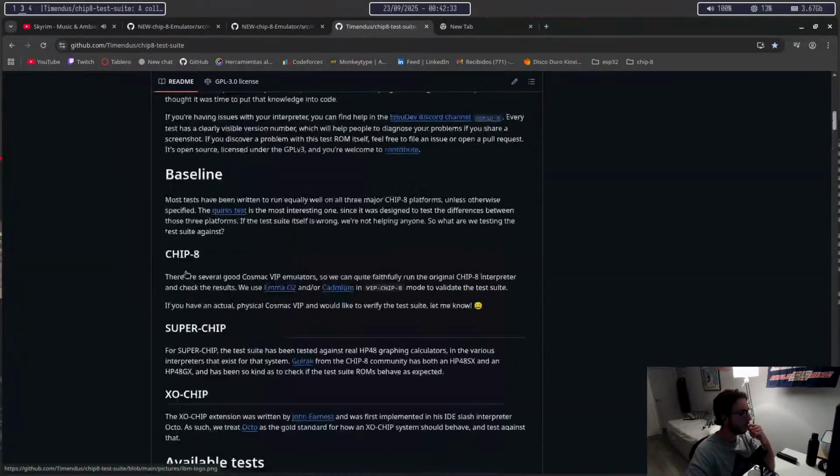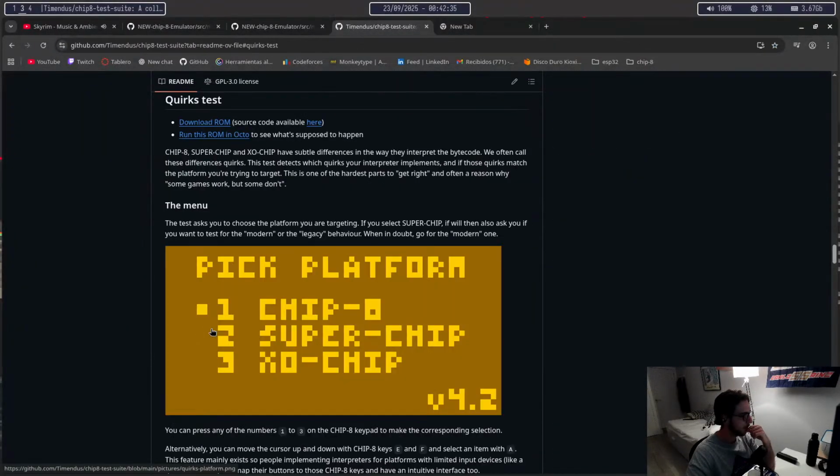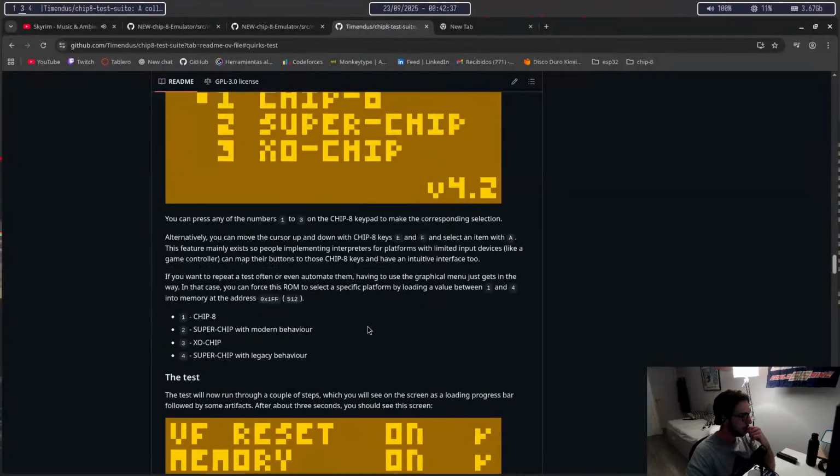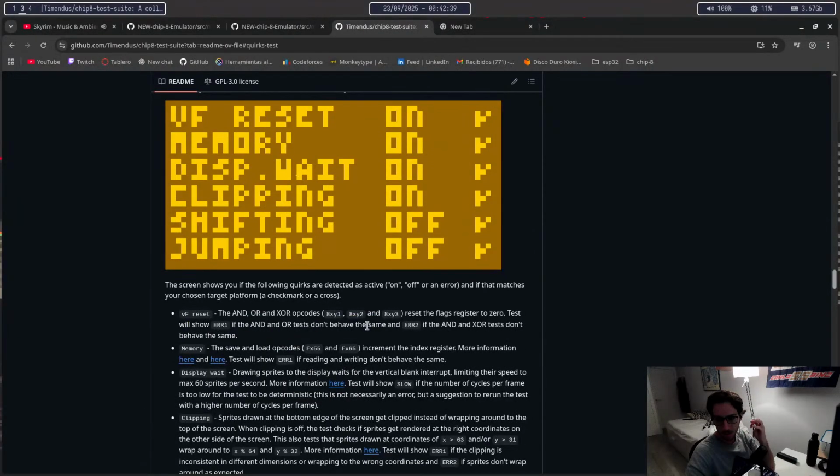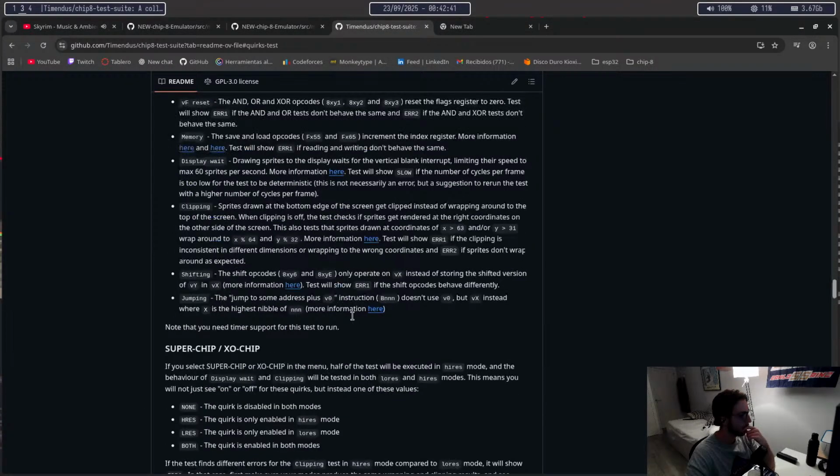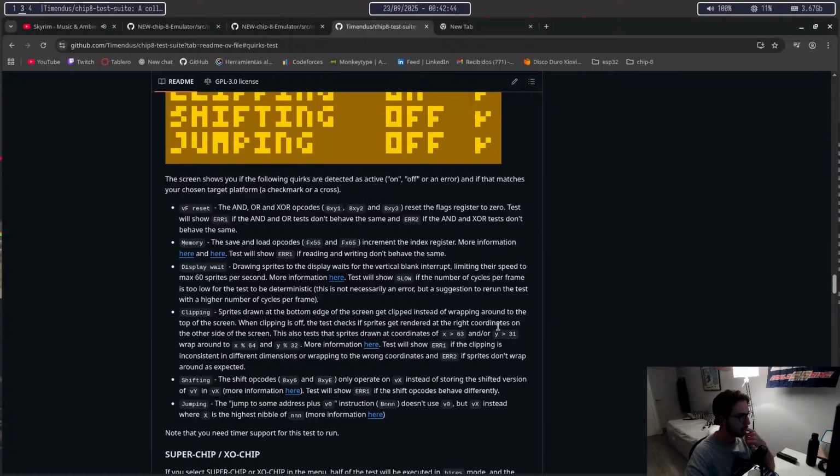Okay, so quirk 5. I mean test 5. Thief checked us. So maybe I should also check if the clipping is inconsistent in different dimensions. That at least doesn't seem to be the case.